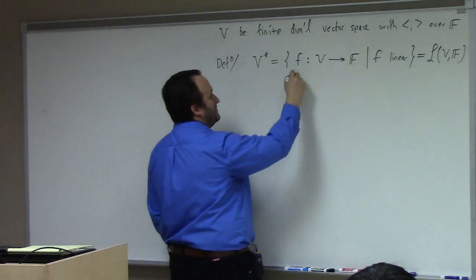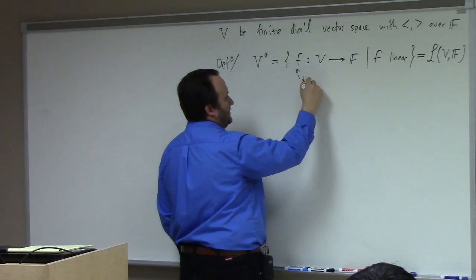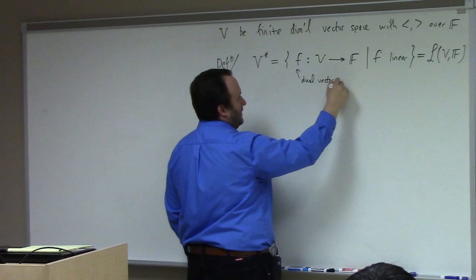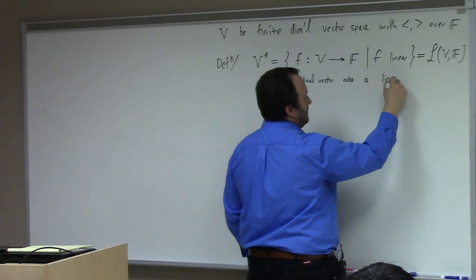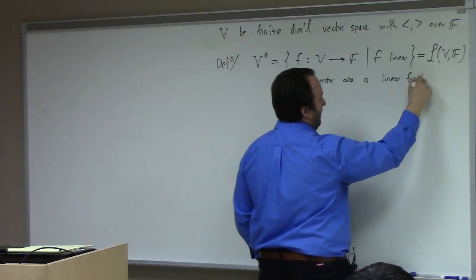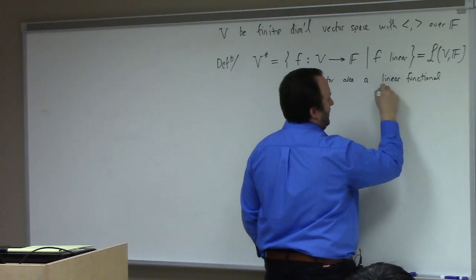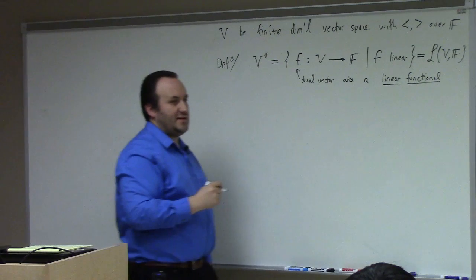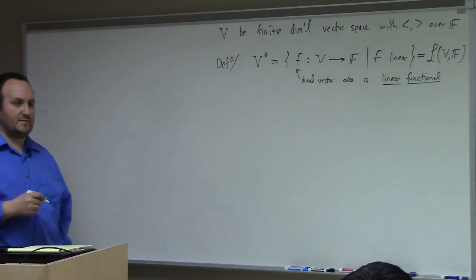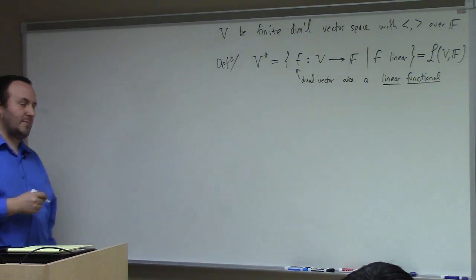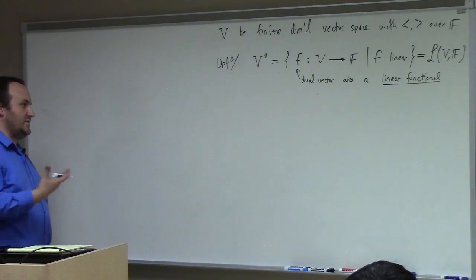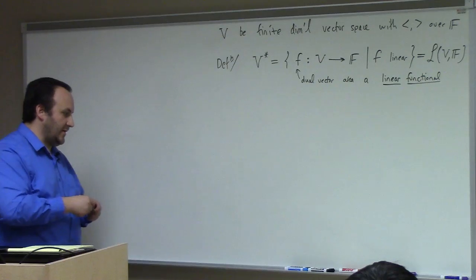A dual vector, f, is also called a linear functional. Now, these are most exciting if you deal with the infinite dimensional case, but since this isn't a course in functional analysis, we won't be doing that. But the dual space is very useful. Let me show you how.